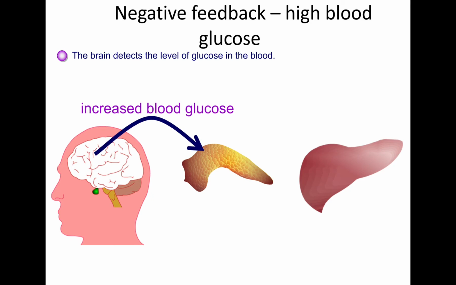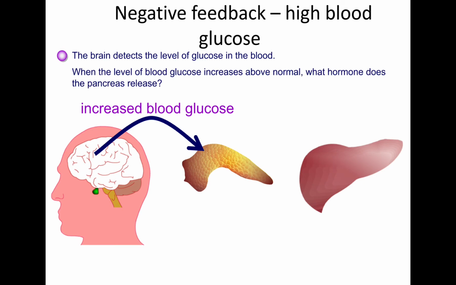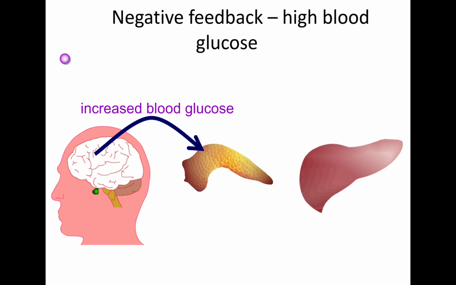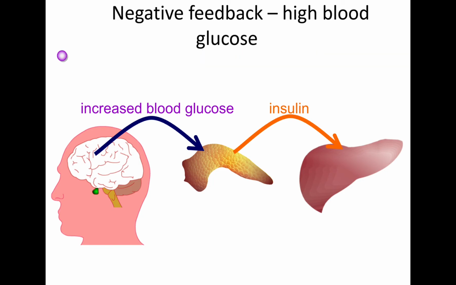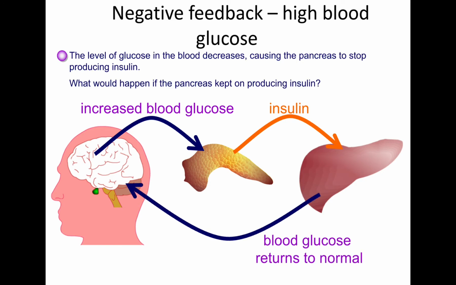If it detects an increase in blood glucose levels, the pancreas will secrete insulin, which will have an effect on the liver as glucose is converted to glycogen and stored there. Once enough of the glucose has been converted to glycogen and glucose levels return to normal, another message is sent to the brain which ensures it does not produce any more insulin and that glucose levels are maintained.